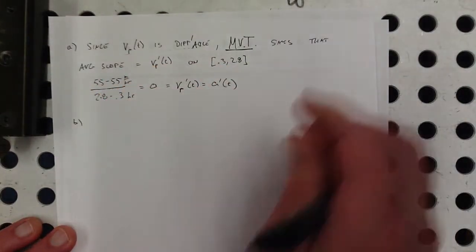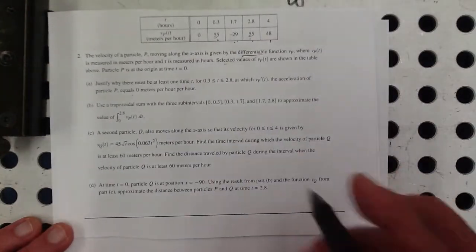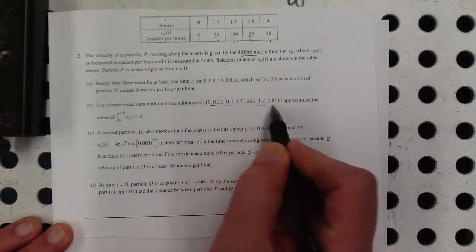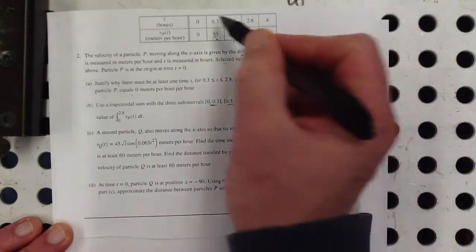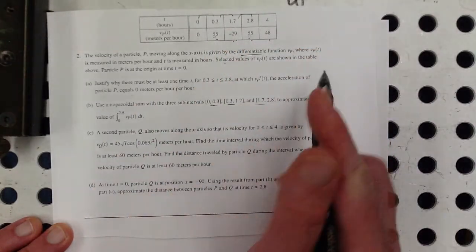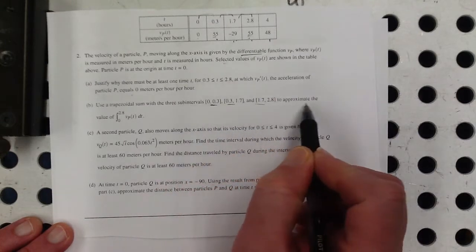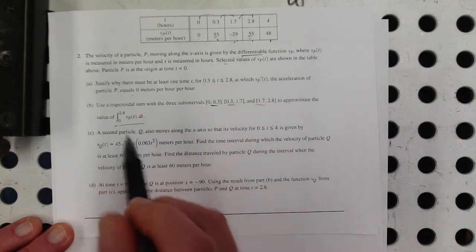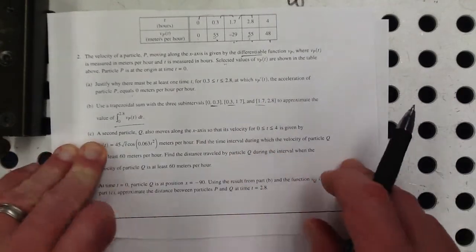Part B, use a trapezoidal sum with the 3 subintervals, these 3, 1, 2, 3, to approximate the value of this integral. Okay?